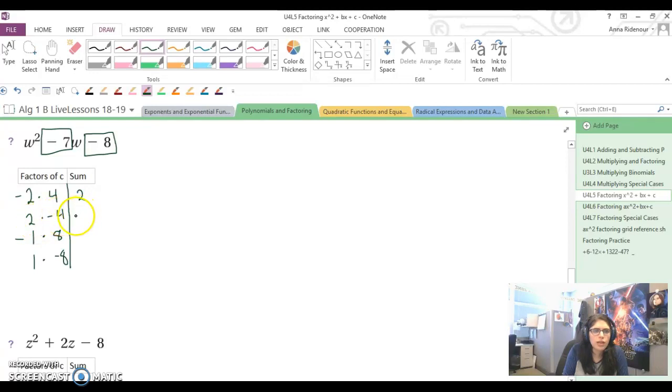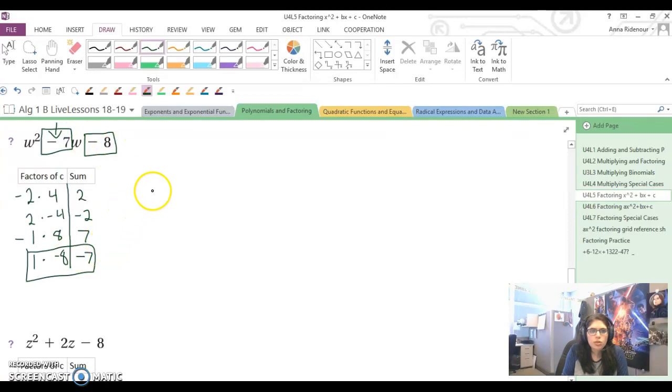If I add these two together, that gives me a negative 2. Negative 1 times 8, if I add those two together, that gives me a positive 7. And finally, our last option, if I add 1 plus negative 8, that is going to give me negative 7, which is what I'm looking for, because that is my b value up here.